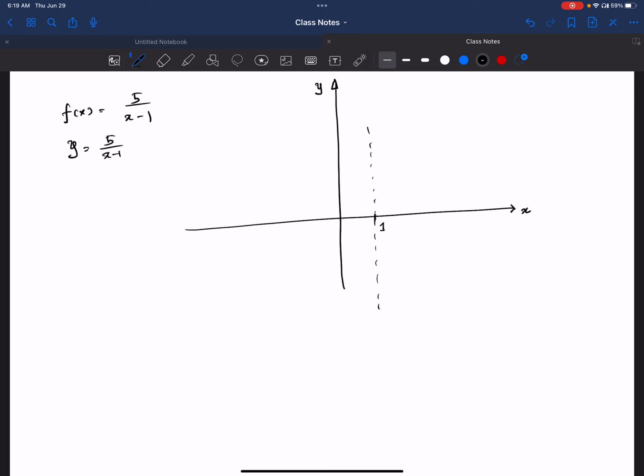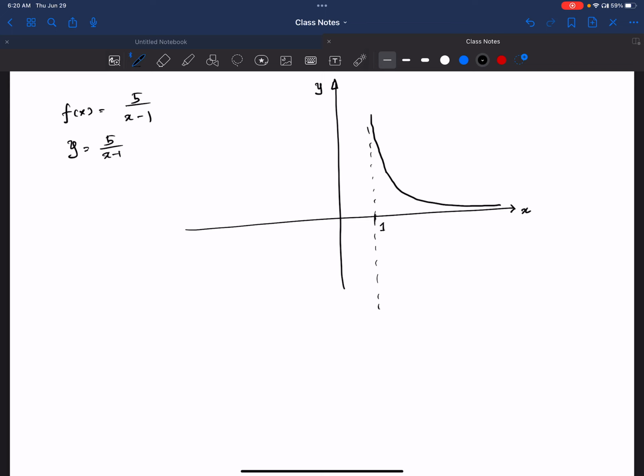Now, what happens when x becomes closer to 1? It becomes a very large number, right? And when x goes to infinity, y should go to 0.